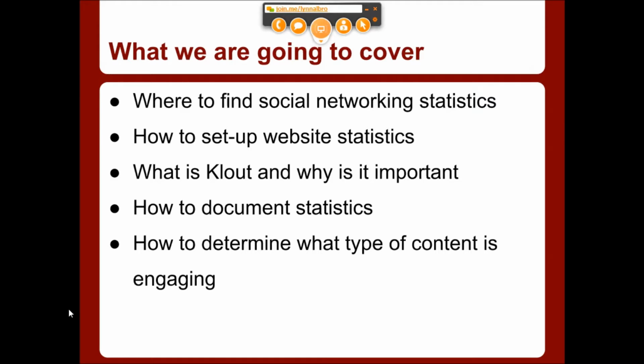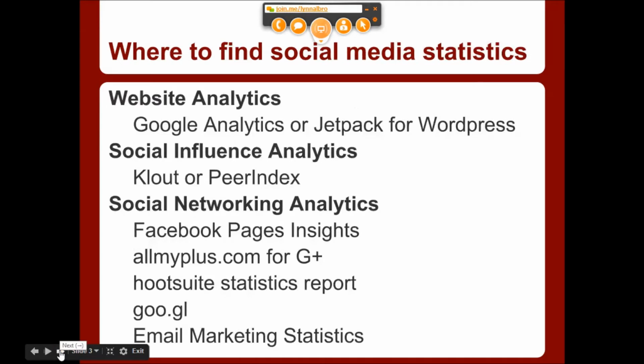And once you determine what type of content is engaging, then you need to plan to use that type of content more often. Where do you find social media statistics?